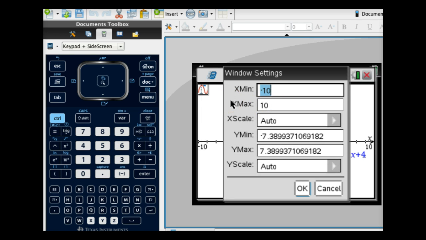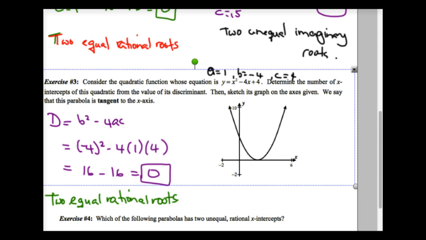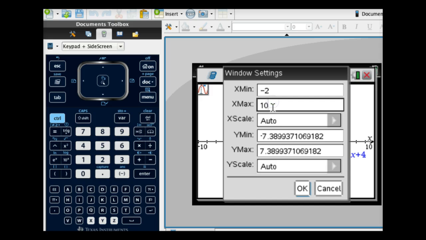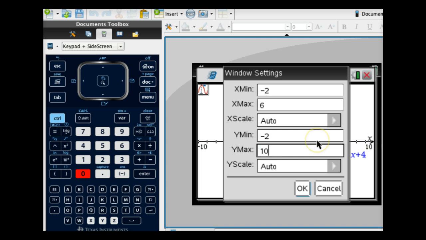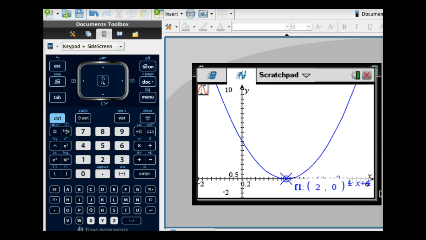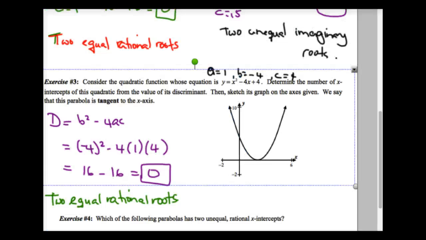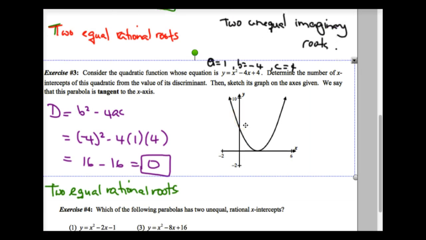My x minimum is negative 2, and I want to match these numbers. Here it's 6, this is 6, this is negative 2, and then what's my y maximum? We said it was going to be 10. So make sure your window is set this way and you hit OK, and that's the graph, the exact same window size that I have here.